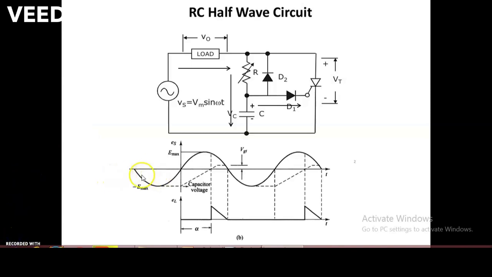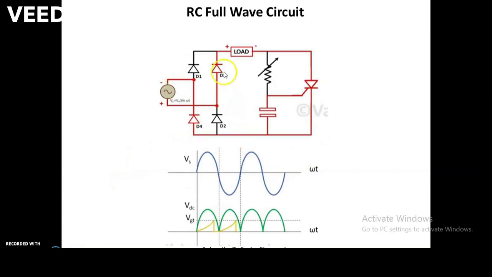In RC full wave circuit, what we have done, here is circuit diagram, we have used full wave bridge rectifier made from 4 diodes. So that's why what happened, at the input of this resistor we are getting pulsating DC.